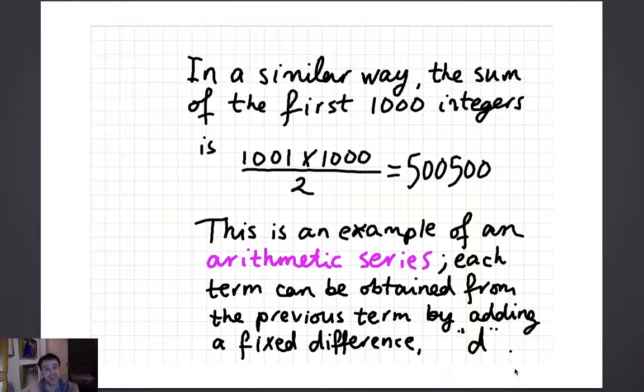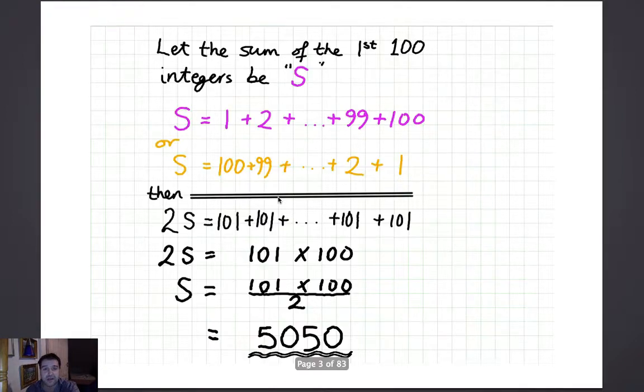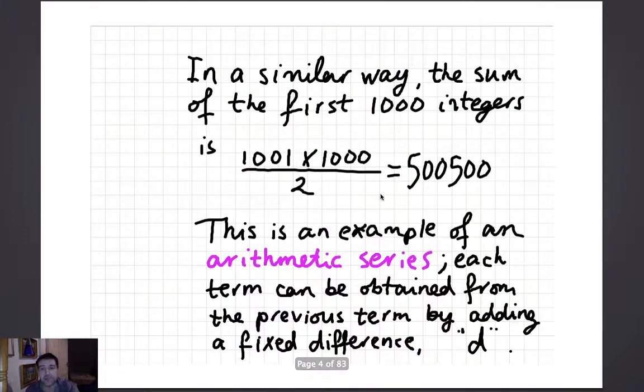You'd have 1,000 of those, so 1,001 times 1,000, but then that would be 2 times the sum of the series, so you divide it by 2. So that would be 500,500. So you can try and do that and spend more time on it and set it out more like that one that we did previously, and you can see that it comes to 500,500.